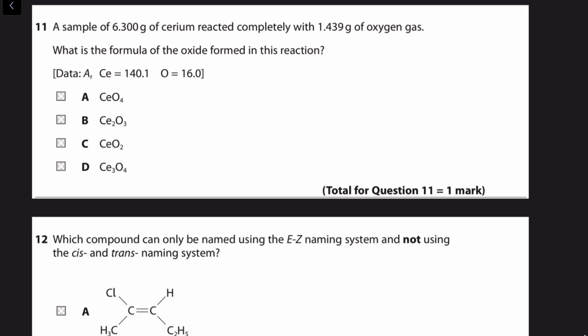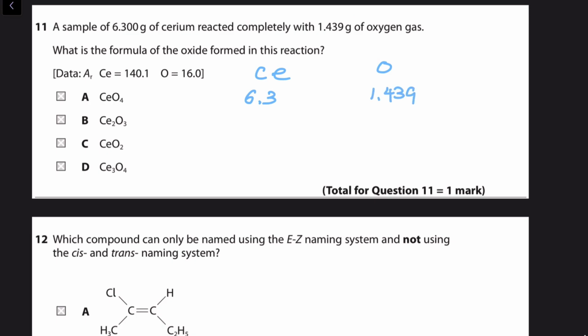So there are 2 elements, cerium and oxygen. Mass of cerium is 6.3. Mass of oxygen is 1.439.